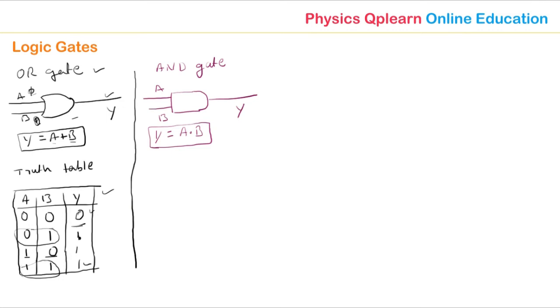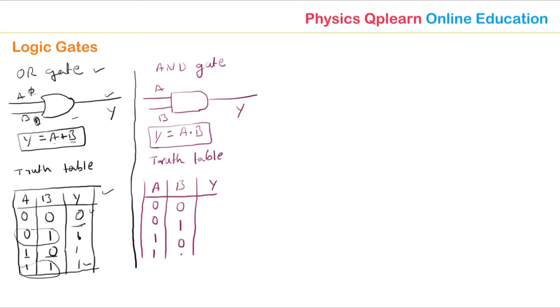Then again we have to go for the truth table. Now you see here, A and B are the inputs, Y is the output. The combinations are 0 0, 0 1, 1 0, and last 1 1.